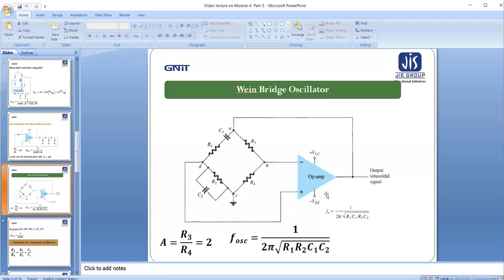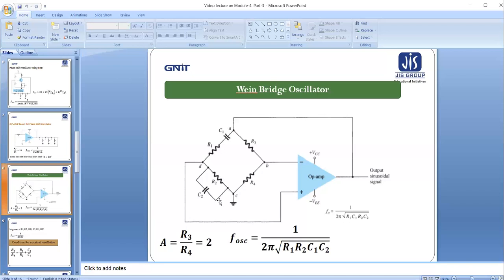Because first of all we know that when the op-amp is operating in the non-inverting mode, the phase shift between the input and the output will be 0 degree or 360 degree. So the signal is going to the RC series network. After that it will again go through the parallel type of network.